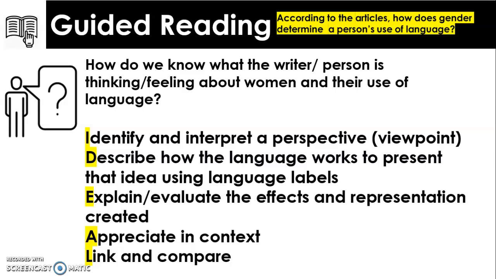We want to be able to explain and/or evaluate the effects and representation created and the meaning of that. We want to appreciate in context, to recognize that the context will impact on meaning, and we want to be able to link and compare the two texts at a given point. Okay, so I love that acronym. We're going to be using that whenever we're thinking about an analytical paragraph.